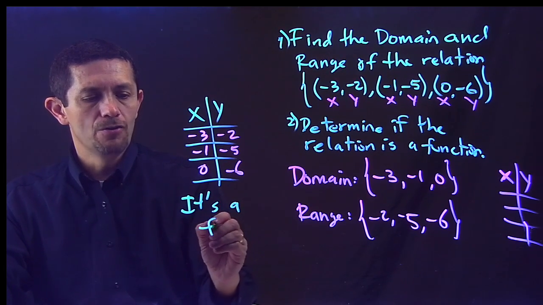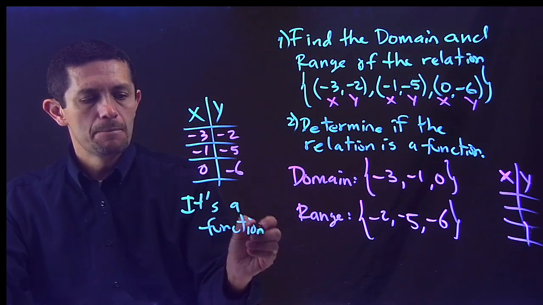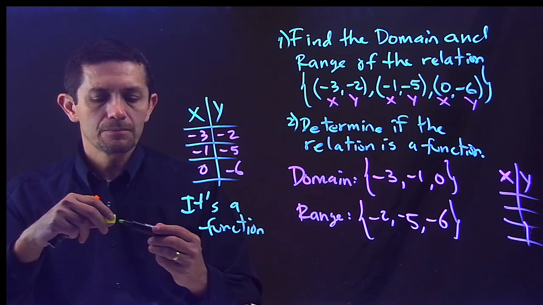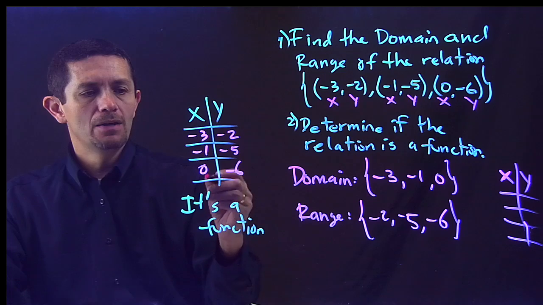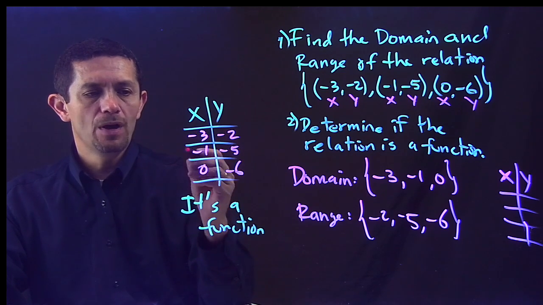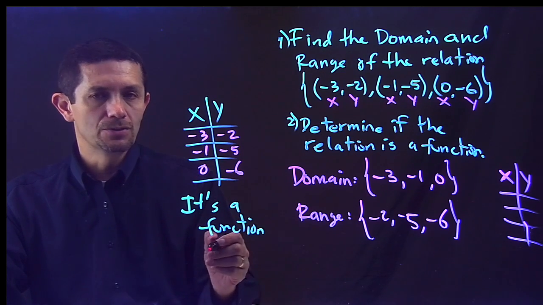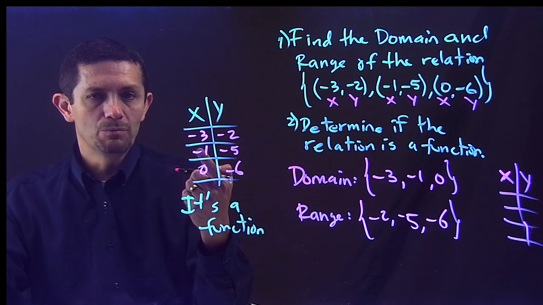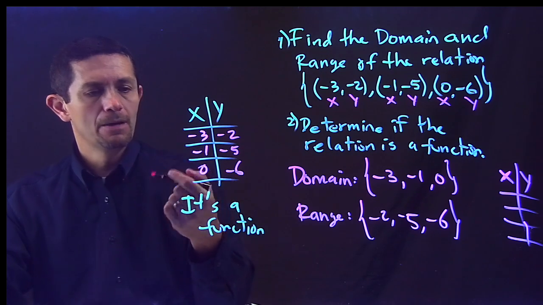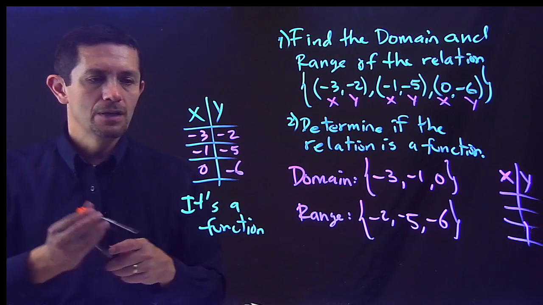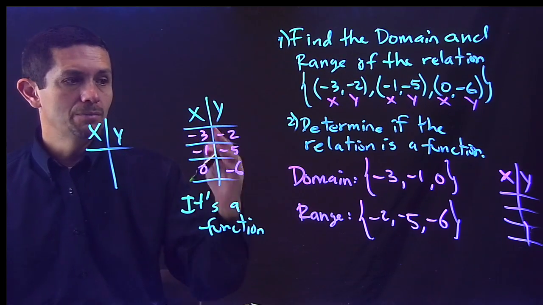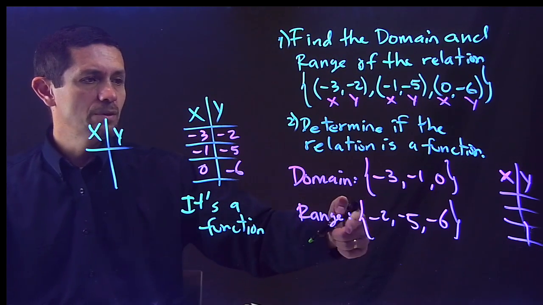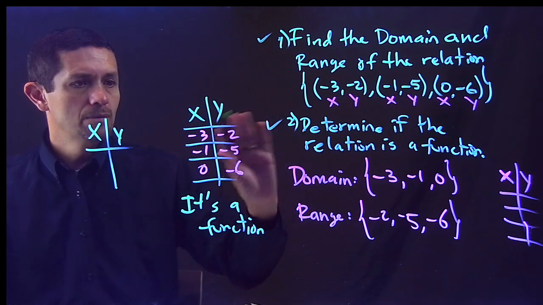Another way of seeing it is when you have a table of values, check if there's any value of x repeating. If there's no value of x repeating, then it's a function. If there's a value of x repeating, it's not a function. By the way, that problem is done. So this is a function, and we have the domain and range, and we're done.